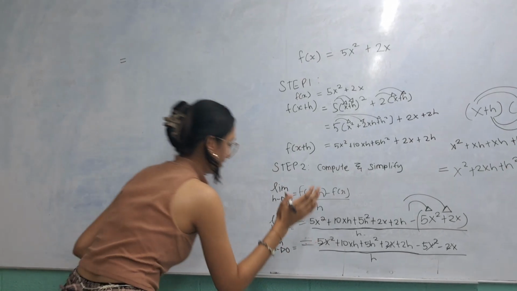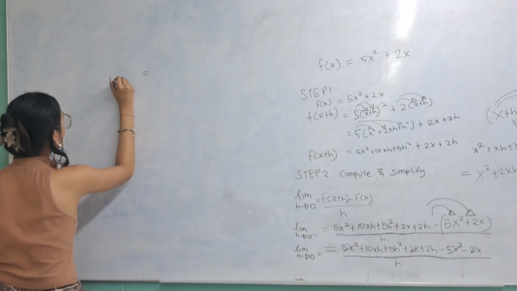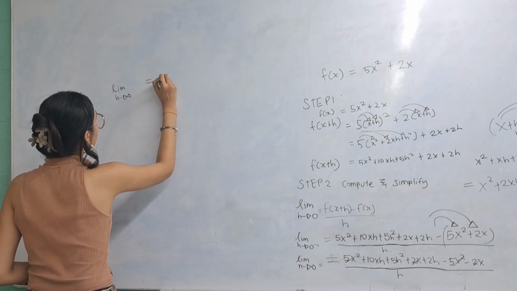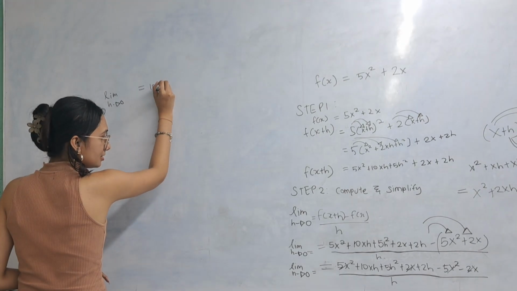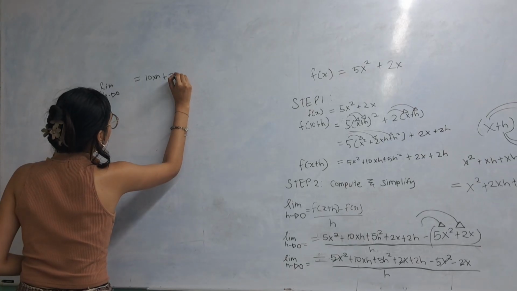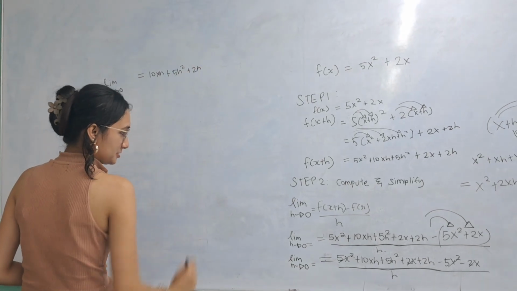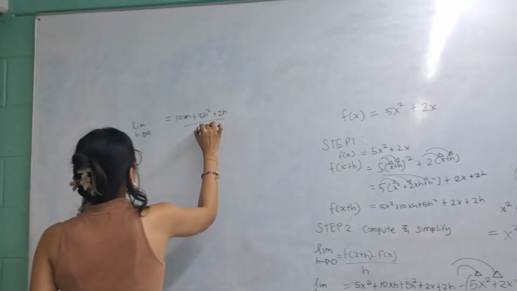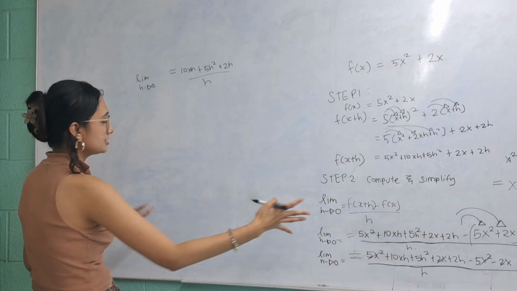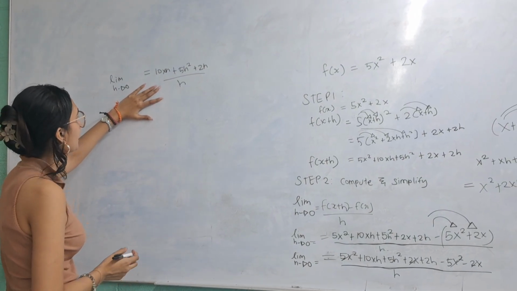It is important to write limit as h approaches 0. So limit as h approaches 0, 10xh plus 5h squared plus 2h upon h. So after cancelling out the common factors, we will be left with this.